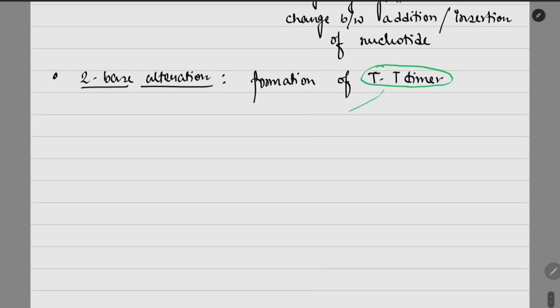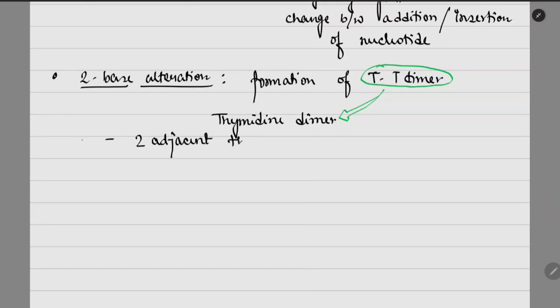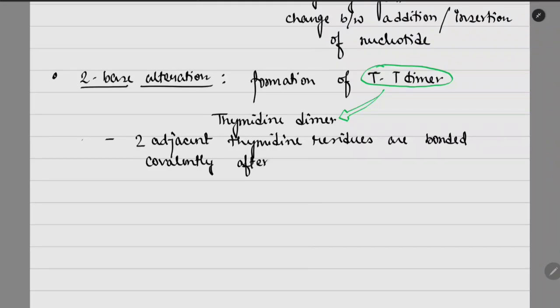So, if I explain it, thymidine dimer means two adjacent thymidine residues are bonded covalently after exposure to UV rays or some kind of X-rays.